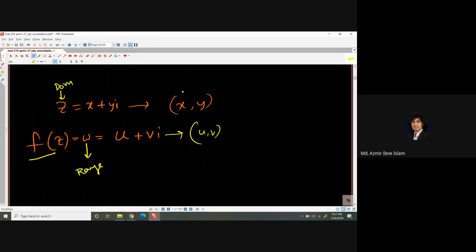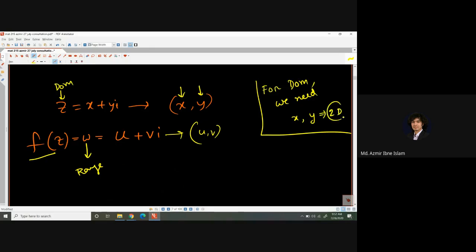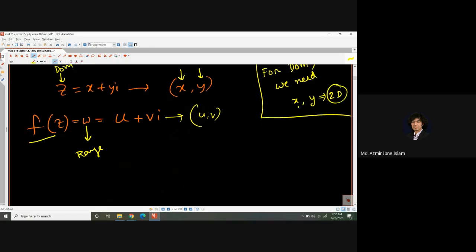So for the domain we need two parts. That means just for the domain we need the x-axis and y-axis at the same time. Is that okay? So x and y together, we are having two dimensions. For the range we need another two dimensions, u and v.